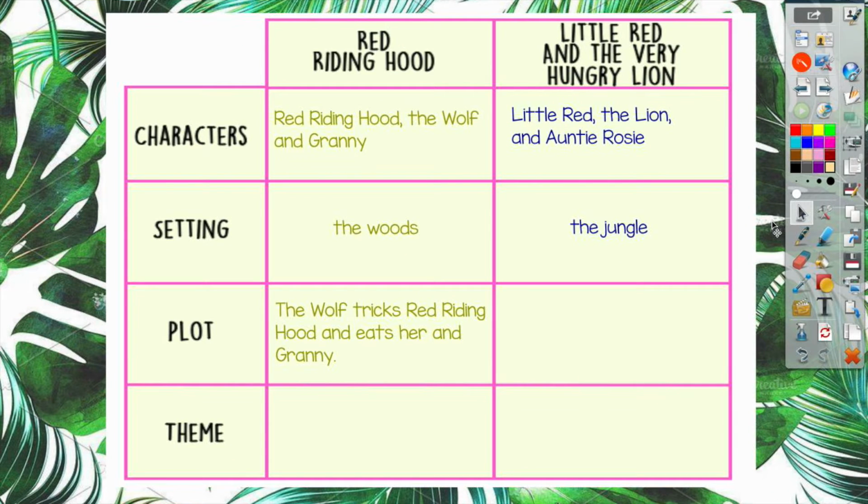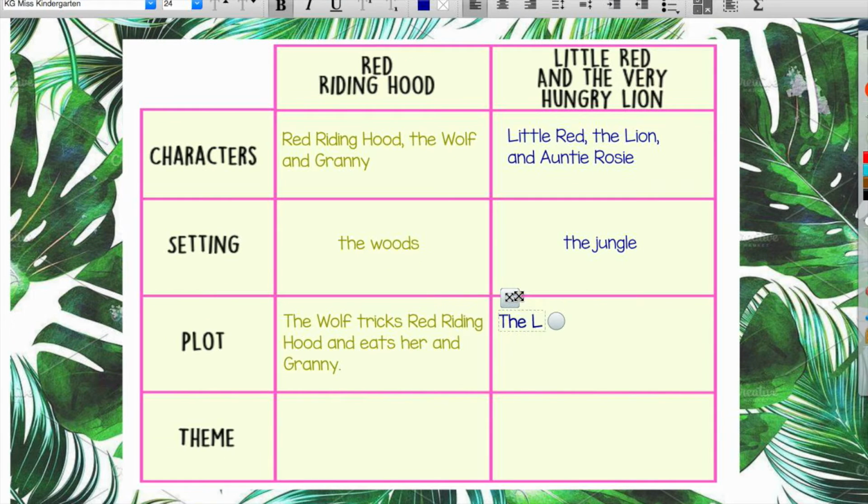Now, how is the plot different for Little Red and the Very Hungry Lion? Does the lion end up eating Little Red and Auntie Rosie? No, he doesn't. So for this plot, we're going to say that the lion tries to trick Little Red and eat her.